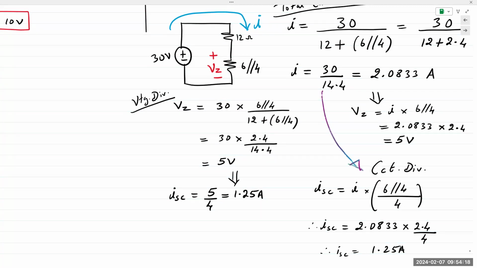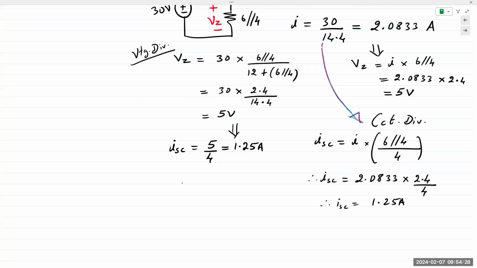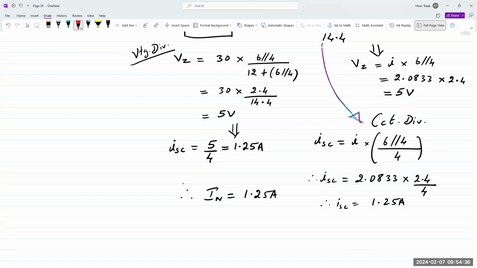Does that make sense? You might have to review this right after class ends. Therefore, my Norton current is 1.25 amps.